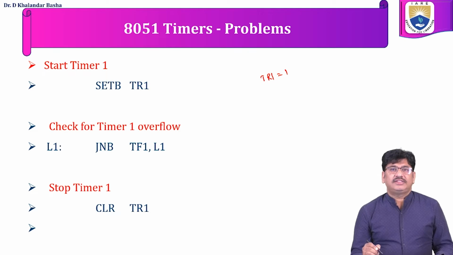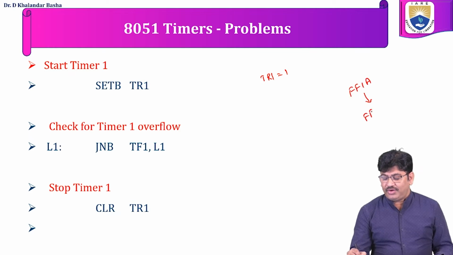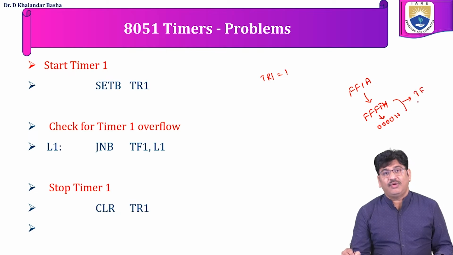Once the timer is on, for every clock pulse, the count will be incremented from FF1A to FFFF. Once it reaches FFFF, on the next iteration it will go to 0000H. Whenever this overflow occurs, it generates the overflow flag. As it is timer 1, we can see this on TF1.